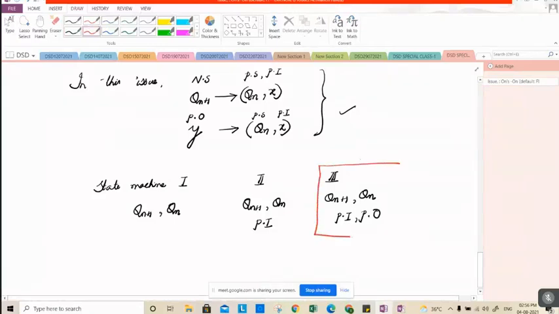These are used. These are the ones which will have Qn plus 1, Qn, present input, and present output. Is it clear? This is next state, this is present state. Is it clear?